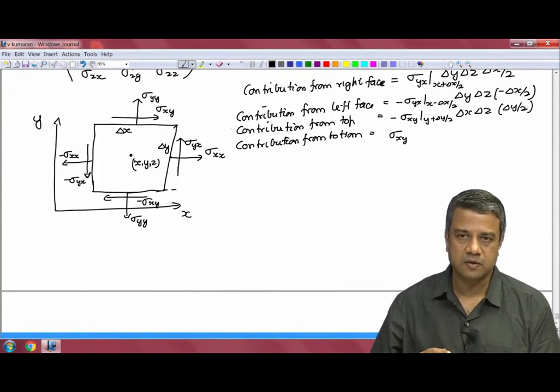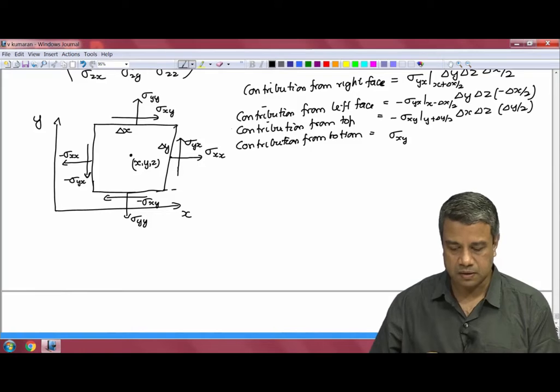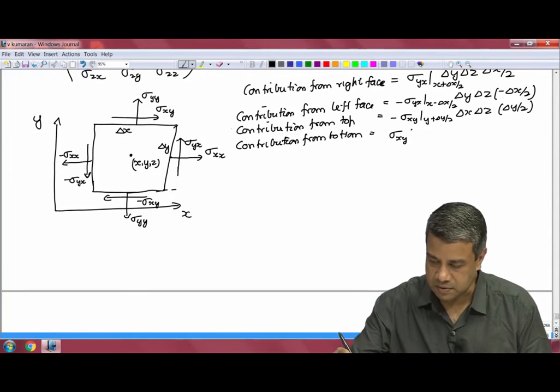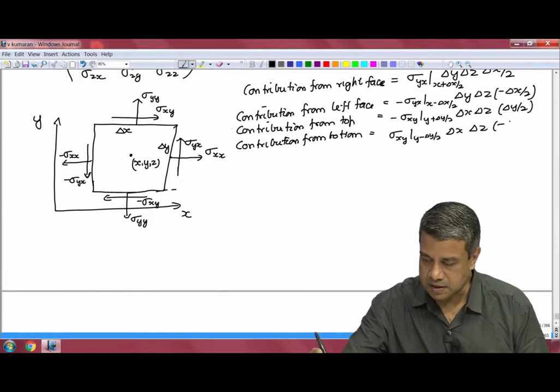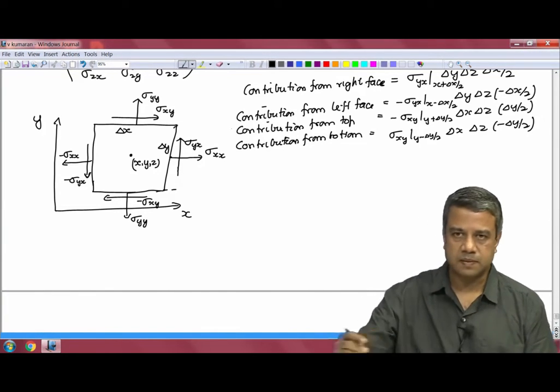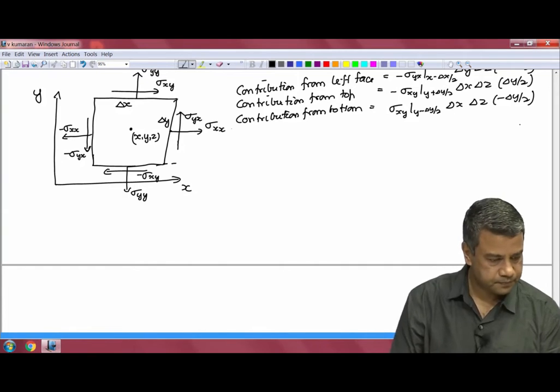Therefore, the contribution to the torque in the counterclockwise direction is going to be equal to plus sigma xy at y minus delta y by 2, times delta x delta z, times minus delta y by 2, the displacement from the center.